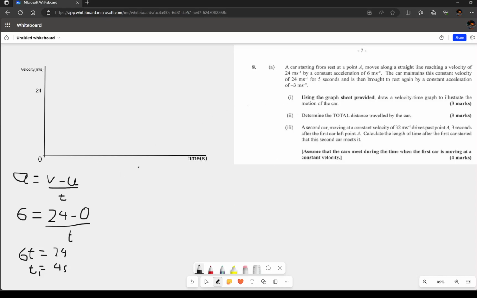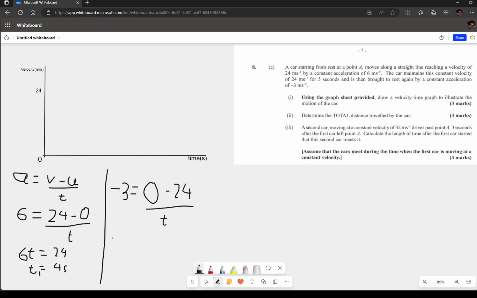Now how long did it take to be brought to rest? Again, we're going to use our same acceleration formula, but this time we substitute the other values. This time our acceleration is -3 meters per second squared, and that's equal to our final velocity, which is 0 since we're decelerating, minus our initial velocity, which this time is 24 because that's where we're coming from.